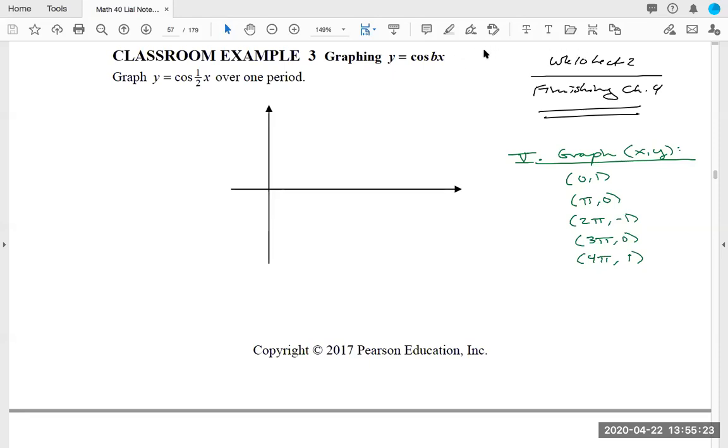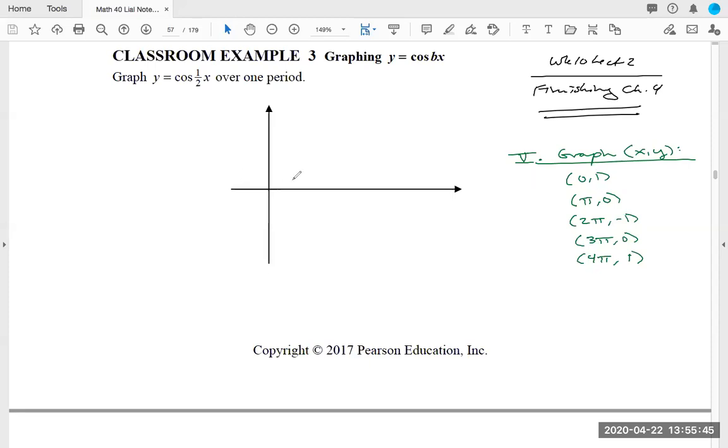Okay, so here we go. We're going to be ready to draw these. We have 0 up to 4 pi. A good way, if you don't have graph paper, is to make a horizontal line and break up your section into 5 pieces.